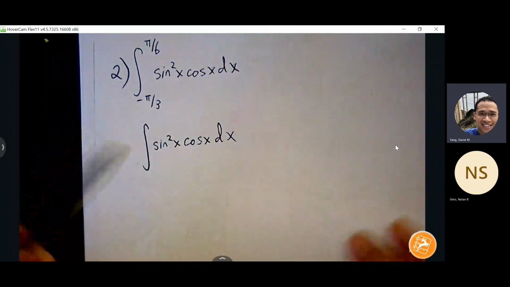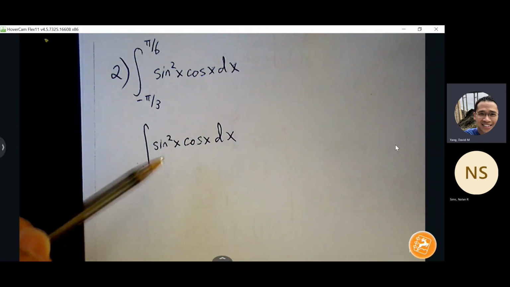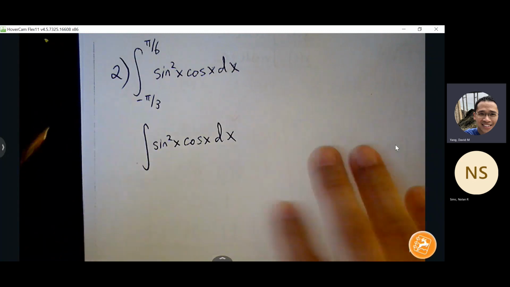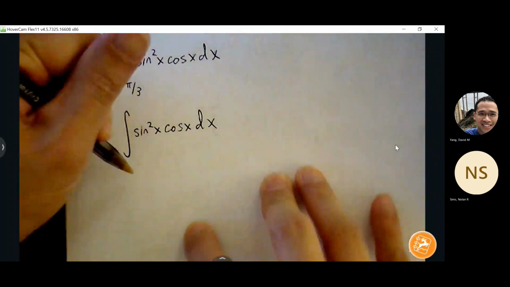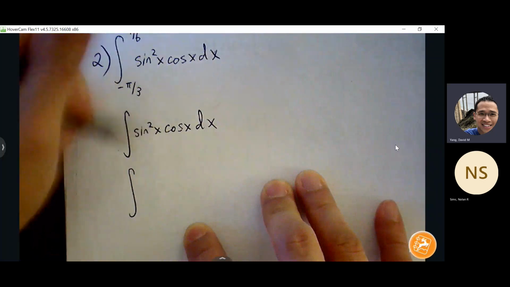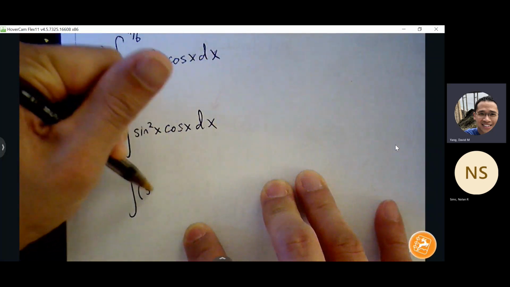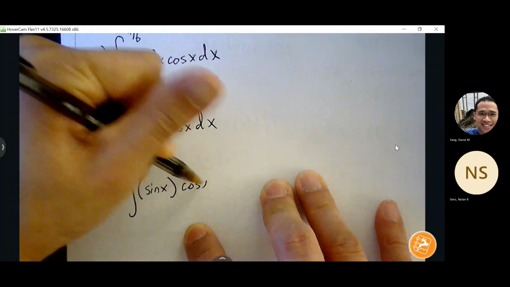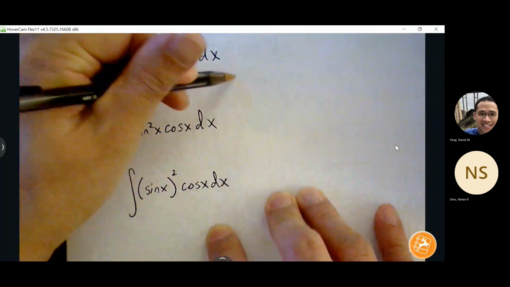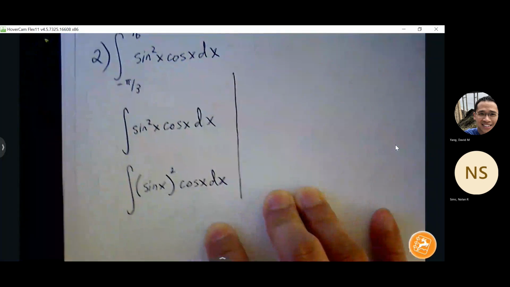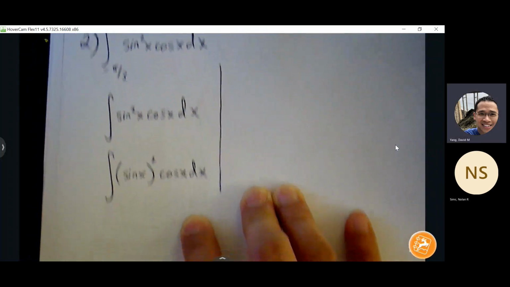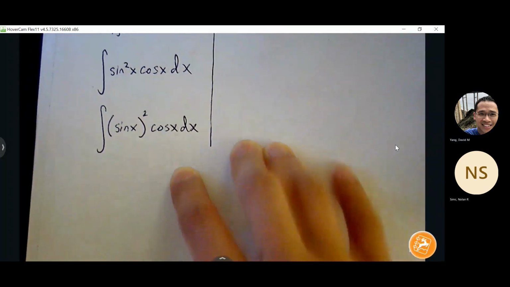So we know we don't have a single rule that can handle this, right? We have 6 trig integrals, but none of them look exactly like this. So we've got to think about u-substitution. So let's get a set of parentheses to show up. So what could be our u value that will work with this problem? Sin x, okay.